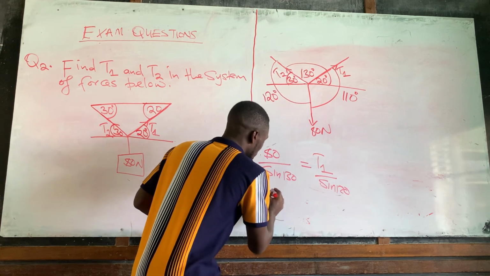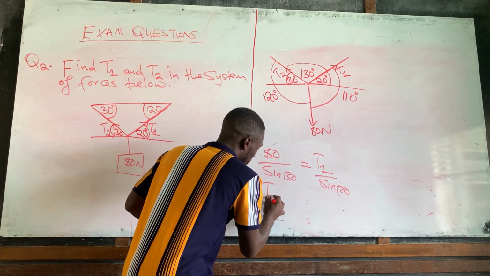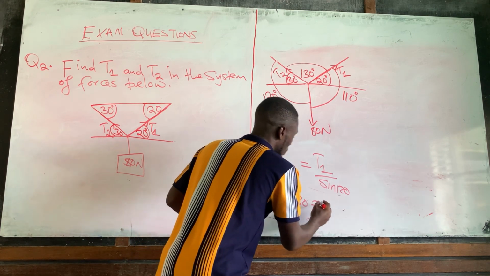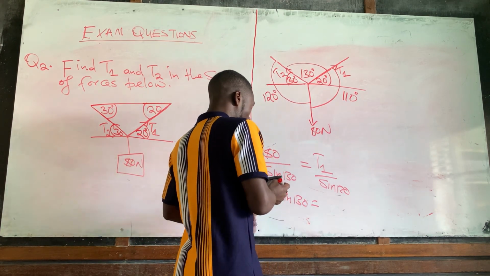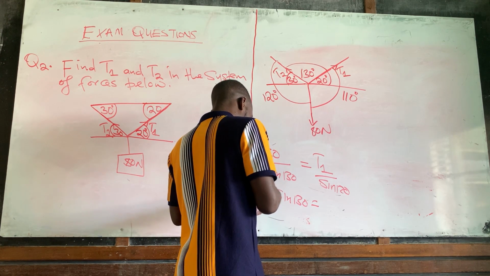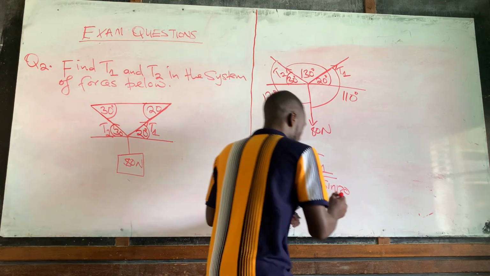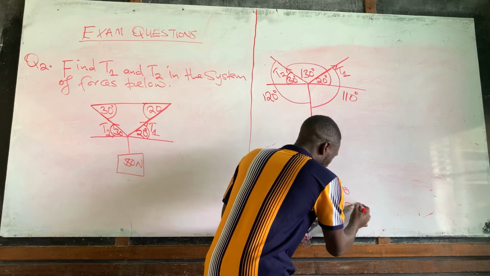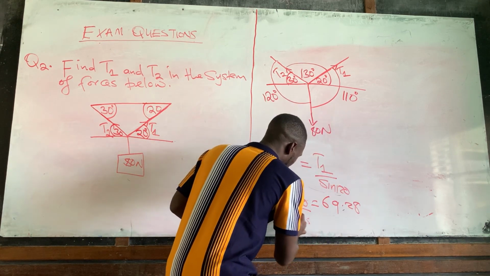So meaning this will be this one and this one, T1 sine 130 is equal to 8 times sine 120, which is 6.928, over sine 130 there.